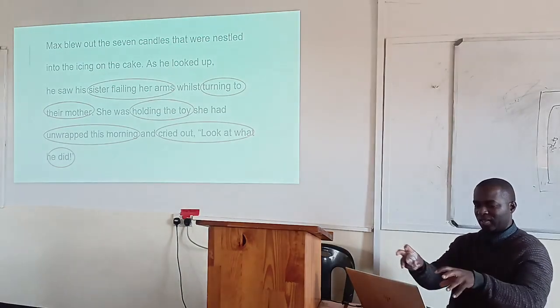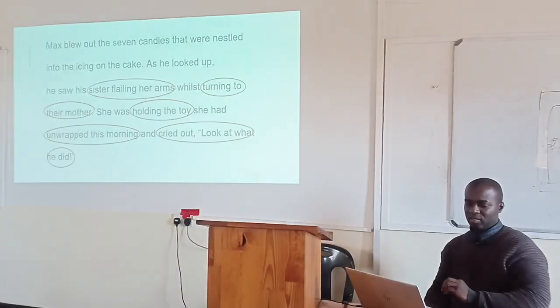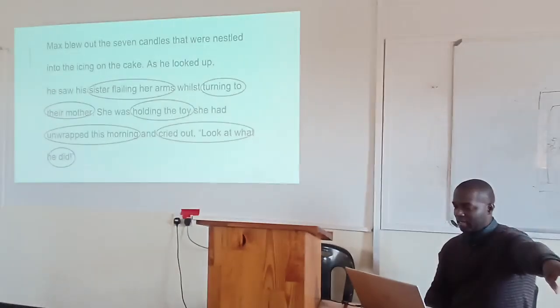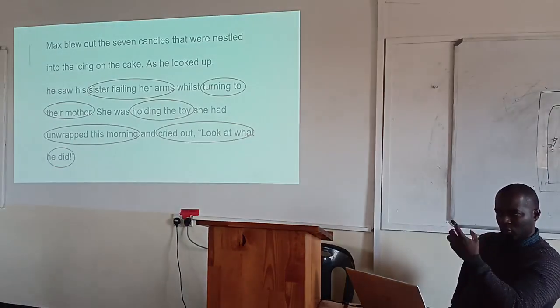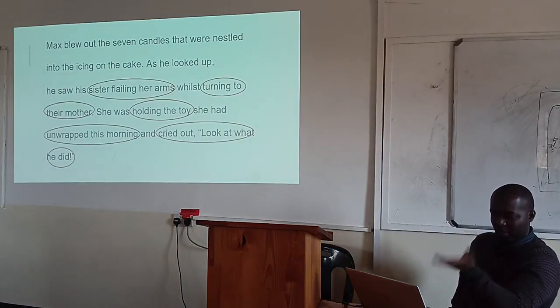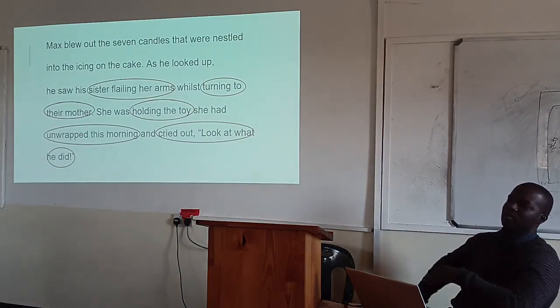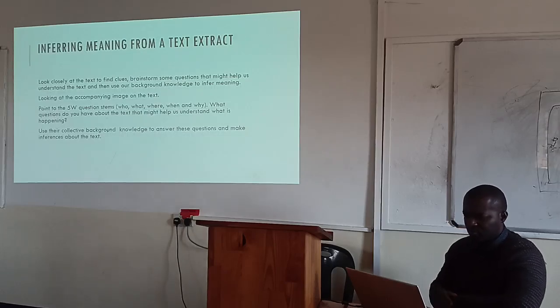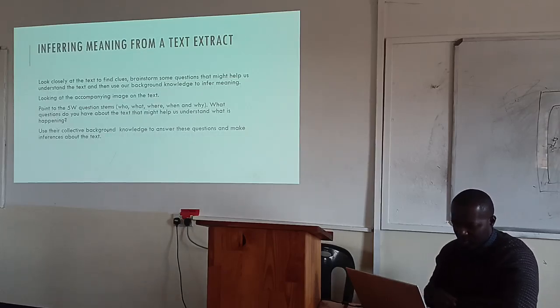These are the additional clues now, and if you combine them with the first inference you had and with what you know, you can come to an actual conclusion of what this text means. Say, okay, it means this, right?